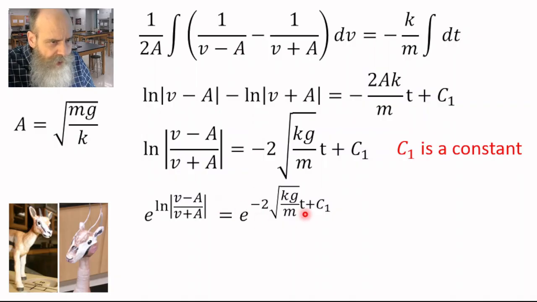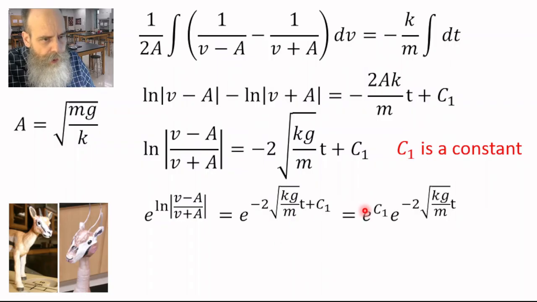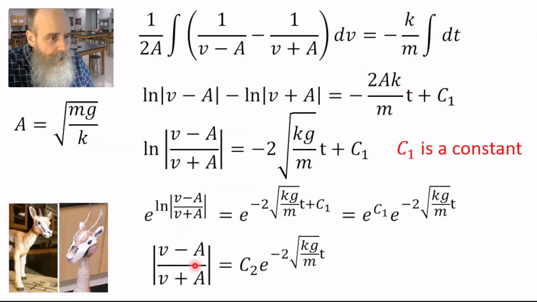This exponential function on the right can be written as two factors, e to the c1 and e to the negative 2 square root kg over m times t. And when we take e to the ln, we just get v minus a over v plus a, and so it equals c2 times e to the negative 2 square root kg over m times t.